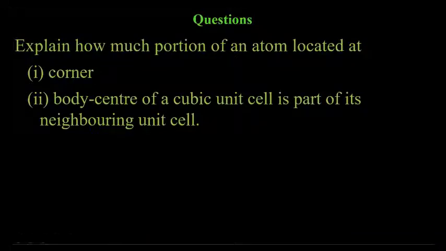Next question. Explain how much portion of an atom located at corner, and in second case, body center of a cubic cell is part of its neighboring unit cell. The question is very tricky, and remember, you need to just think and read the question again.